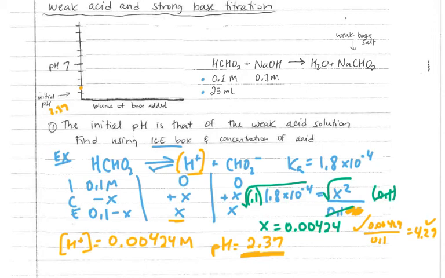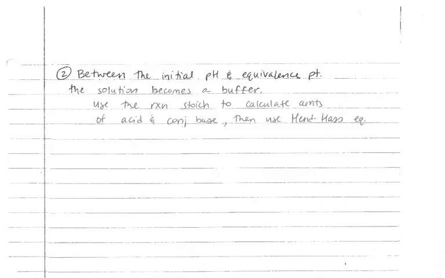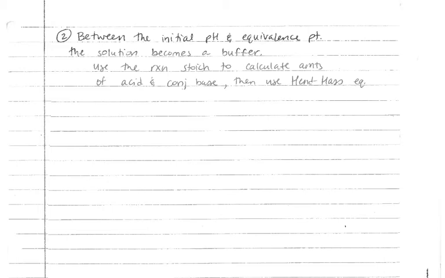Okay, so next part is finding the pH in the rising part. So here's the initial concentration, and then to find the concentration at any point between there and the equivalence point, we use a different formula. Before, for a strong acid and strong base, we just did some subtraction.